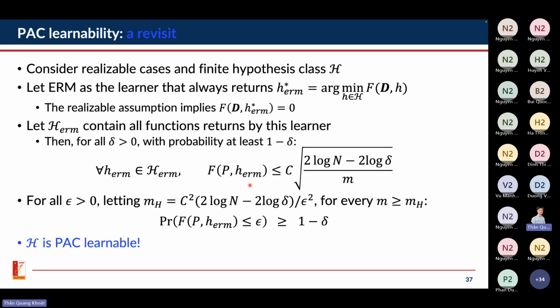So it means that this model family is PAC learnable by definition, right? And the sample size for these members can be calculated by this one. Okay, that is very good.